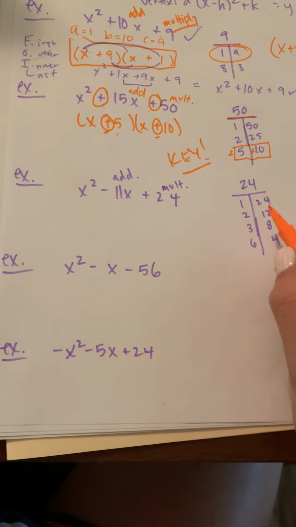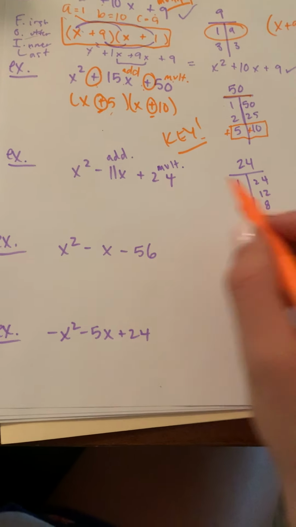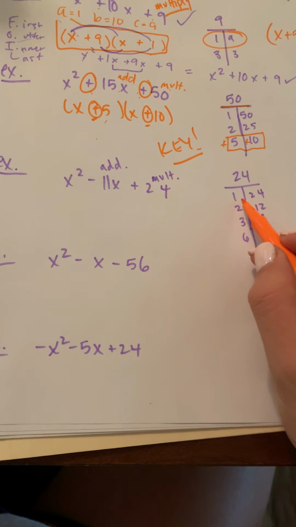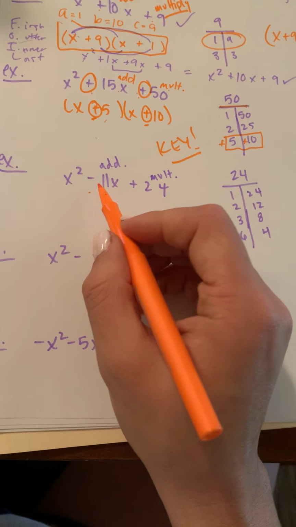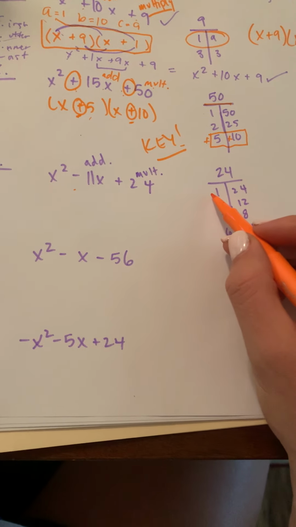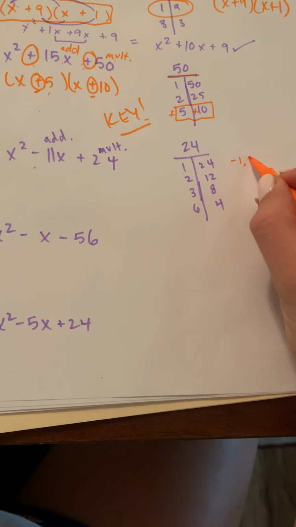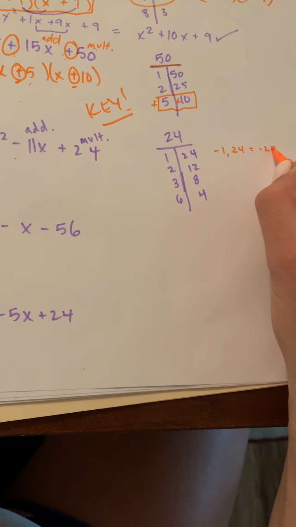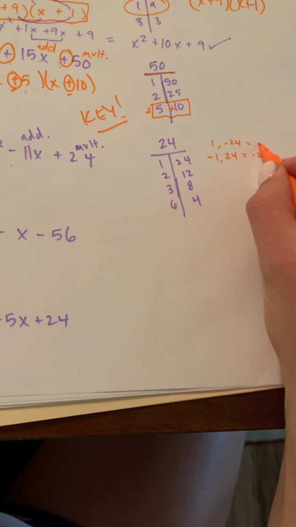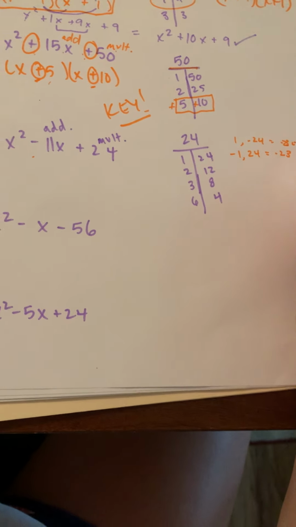Okay. Now we want to add up to negative 11. So you look at this and you're like, I need to add up to a negative 11. So maybe minus 1 plus 24, that'd be 23. Or 1 and a minus 24, that's minus 23.